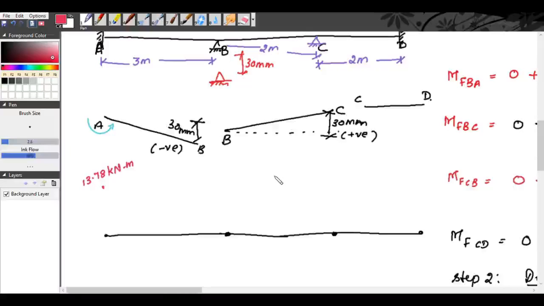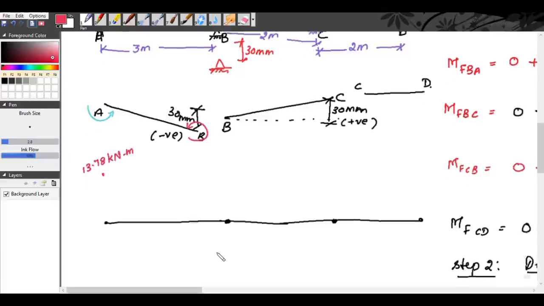At B, again it is minus 15.56. See, normally we get positive, right? Now here it is minus because there is a sinking of supports. So minus, you draw anti-clockwise, pointing downwards, right?